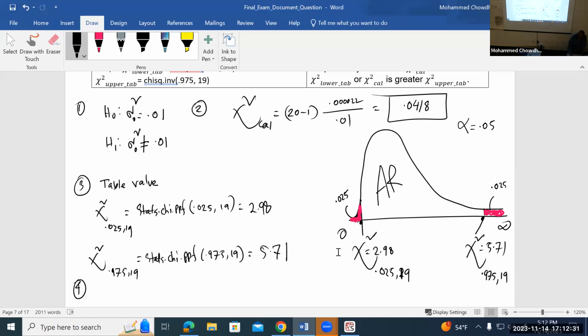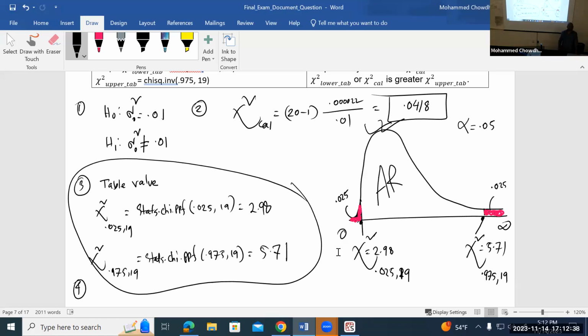This is my calculated value. These are my tabulated values. Could you tell, by comparing these values, whether we reject or fail to reject? No, you don't know?